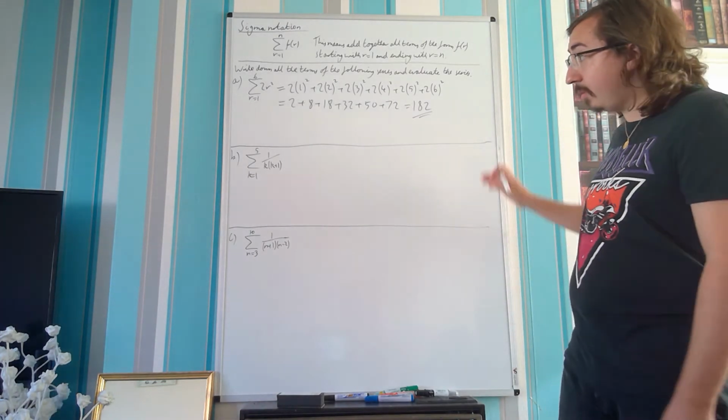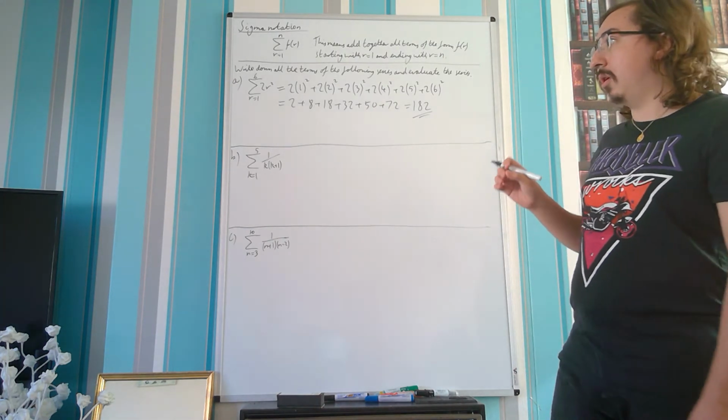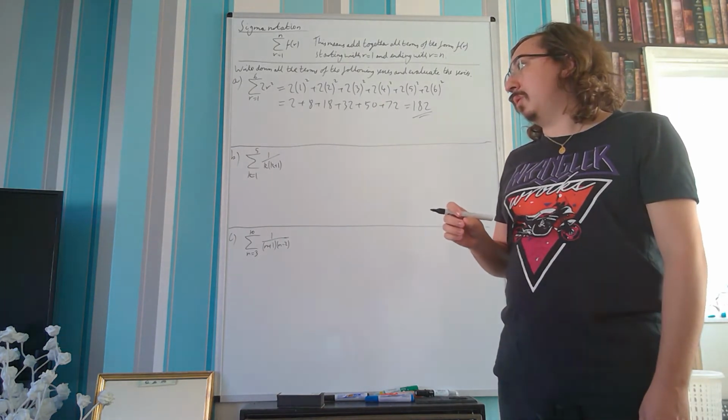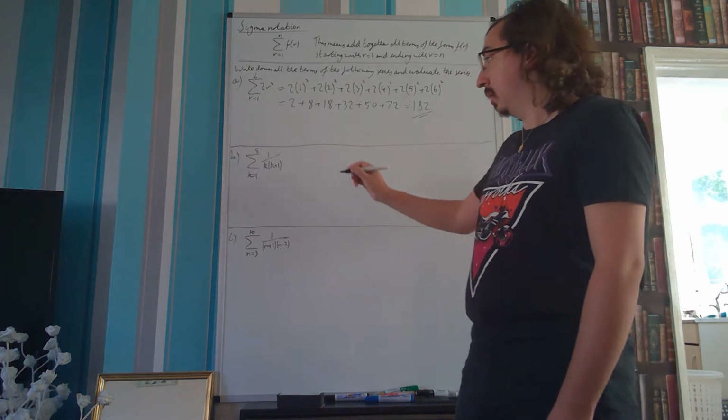Let's do a similar idea with part B then. We're given the summation of 1 over k times k plus 1, where k is equal to 1 up to k equals 5.